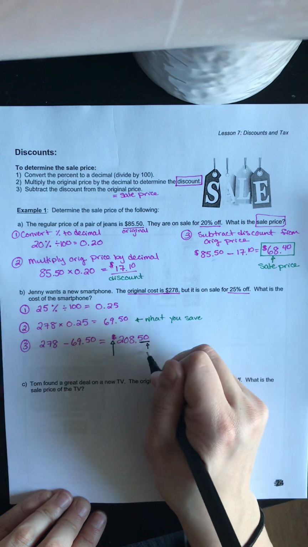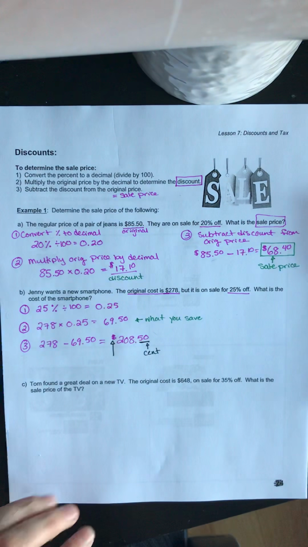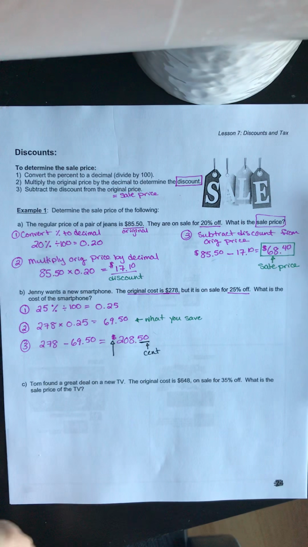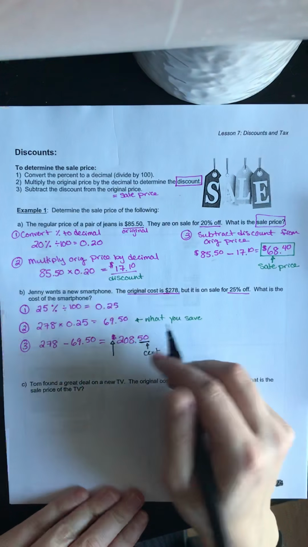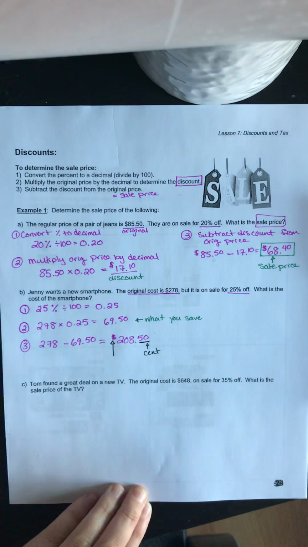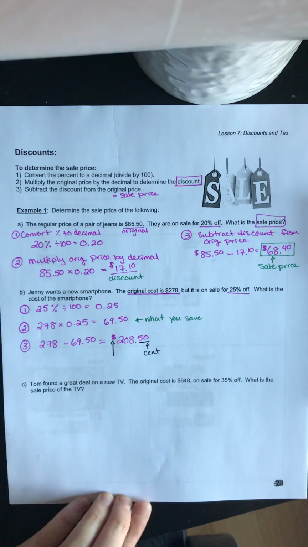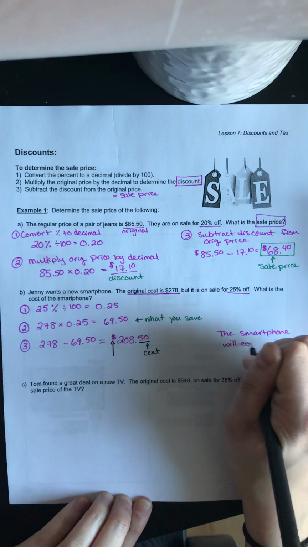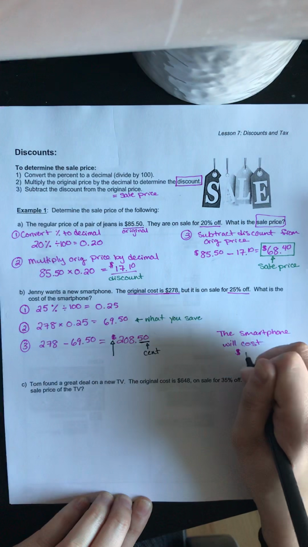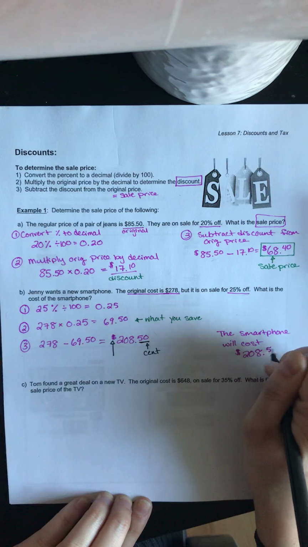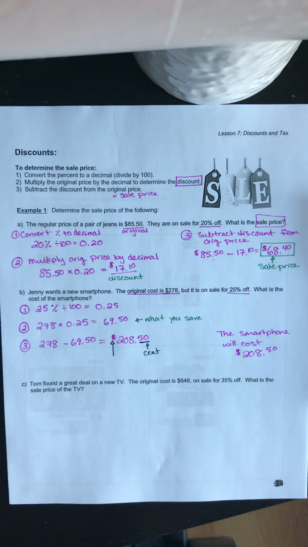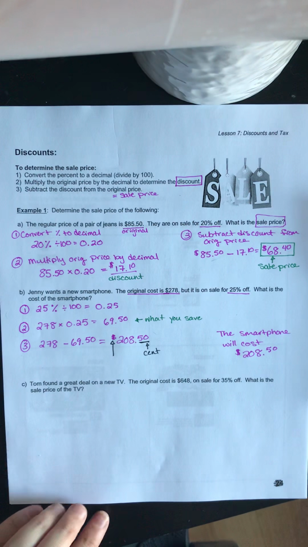That is always our cent place value. So don't forget those things when we're talking about money. Oh, and one thing I did forget is these are word problems, so we should be giving a sentence to finish the question. So the smartphone will cost $208.50. Okay, so that's how you should properly answer those questions.